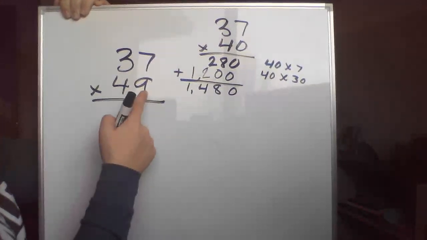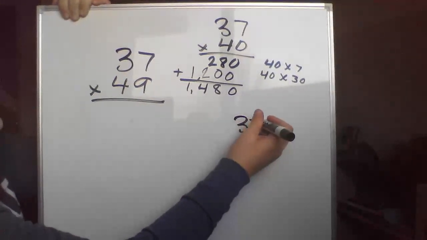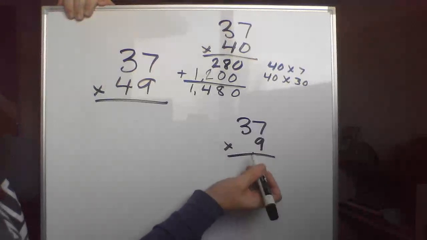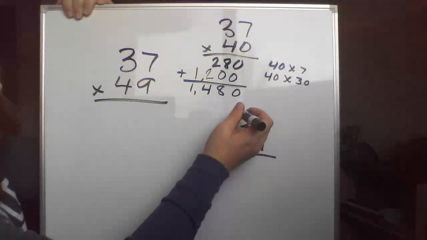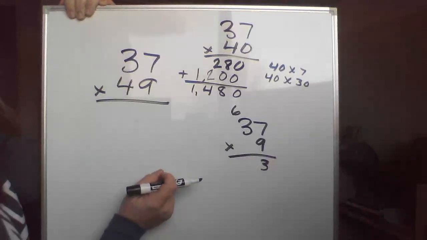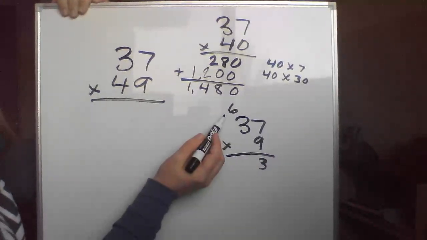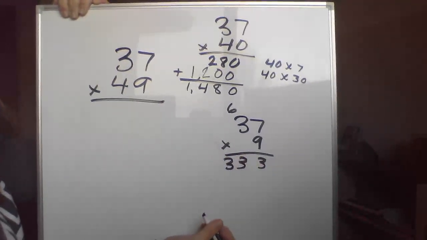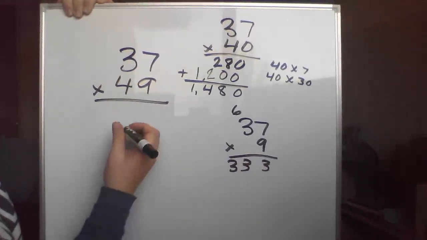We still need to take 37 times 9. 9 times 7 is 63. Carry your 6, bring down your 3. 9 times 3, 27, plus 6 more gives us 33. I'm going to bring these over and add them together.